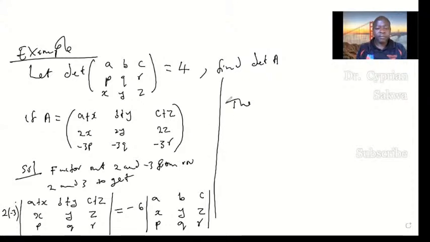Then I'm looking at this, then looking at what I have, and I notice that I need to interchange row 2 and row 3.